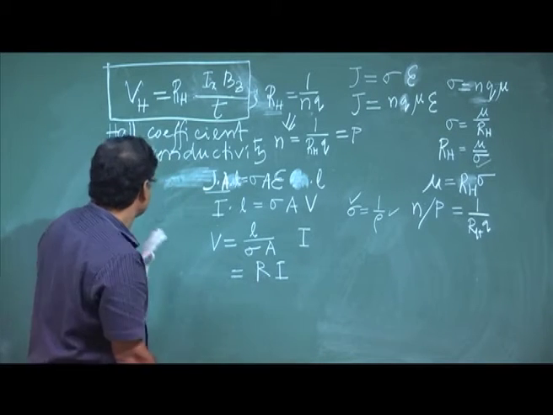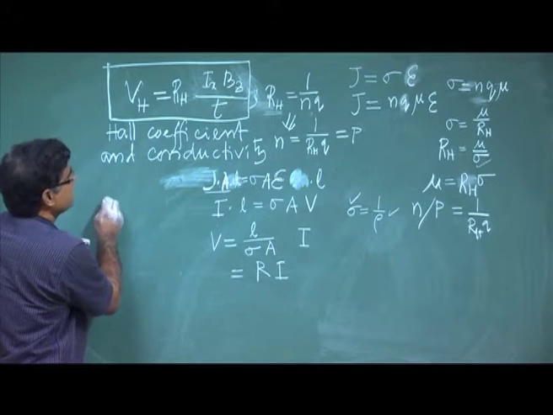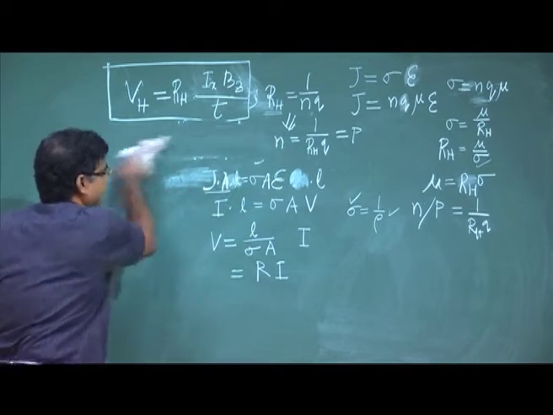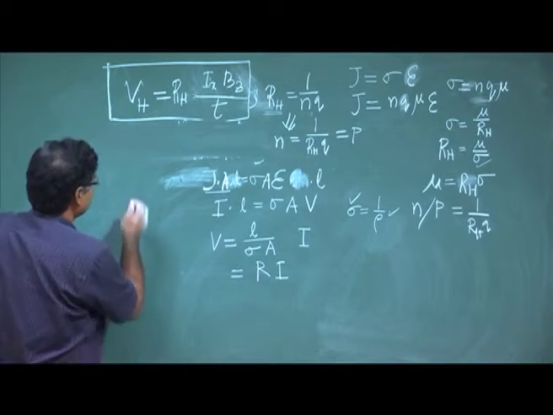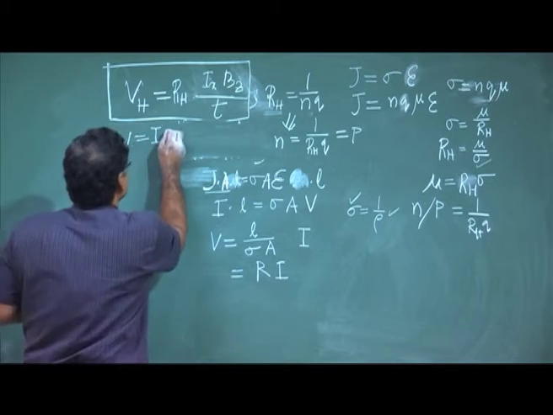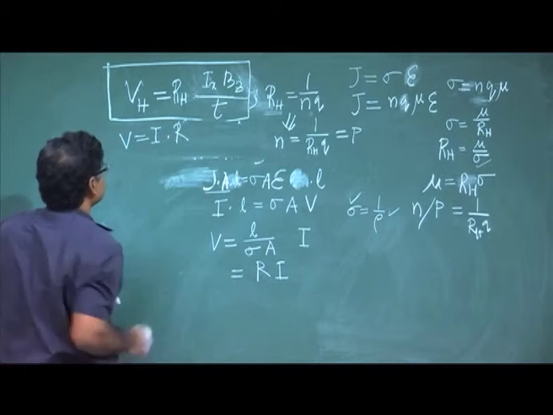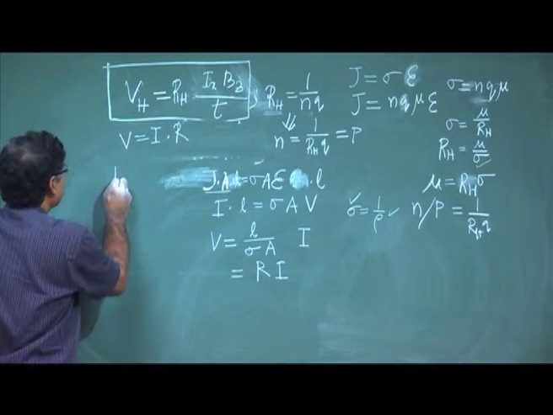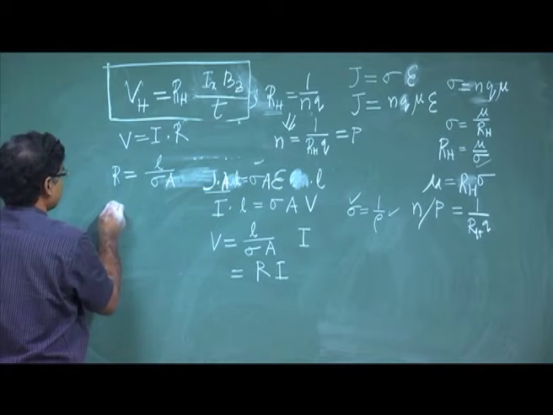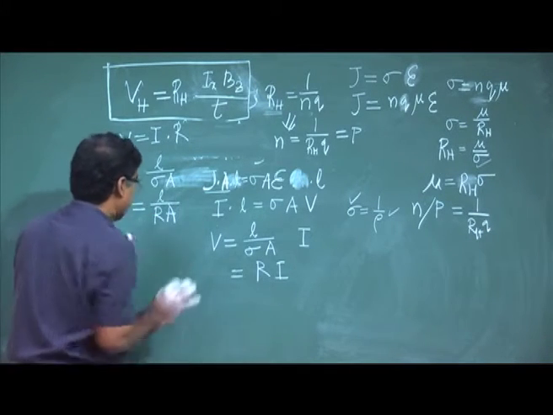So I have now a suitable formula: V equal to I R, where R equal to L by sigma A. So sigma equal to L by R A.